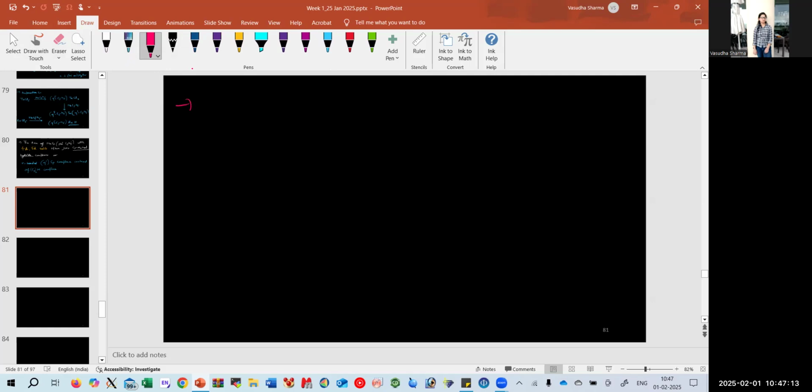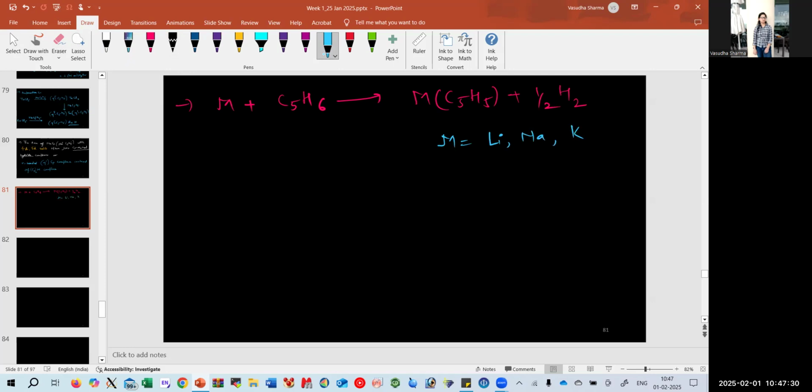So here, firstly, we have metal M with C5H6. It would form M C5H5 plus half a molecule of H2, if our metal is lithium, sodium, potassium.